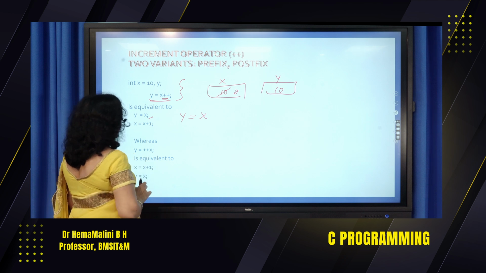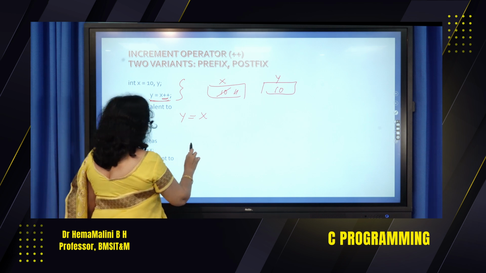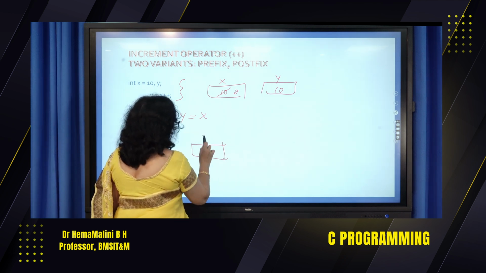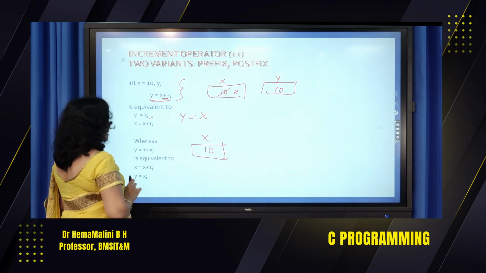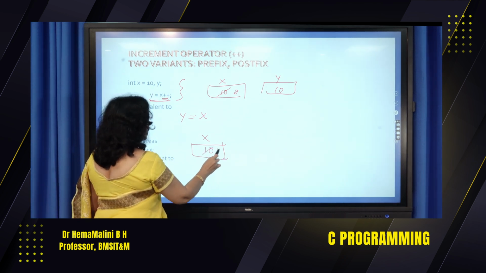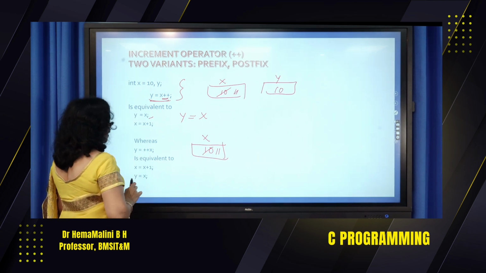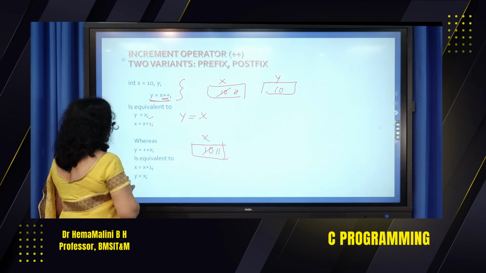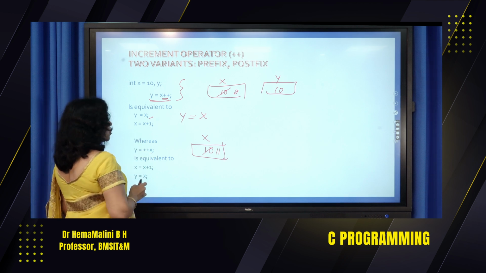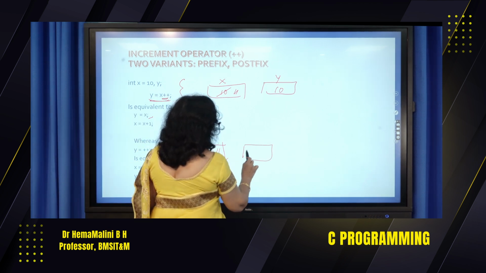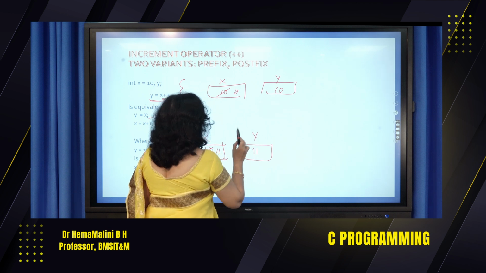Let us look at this example. Say for example, x is 10, y equals plus plus x. So first I will increment x. This is pre-increment. X will become 11. That 11 is stored to y. So y will get 11.